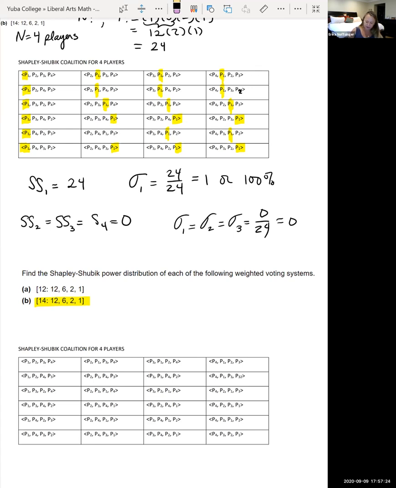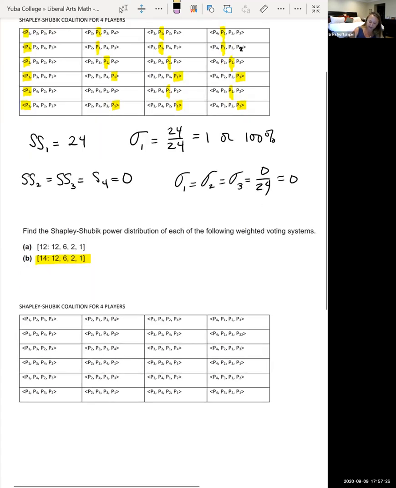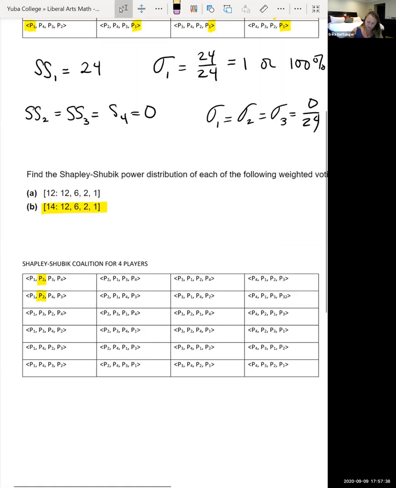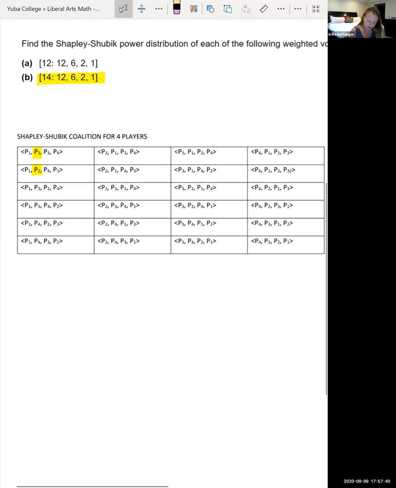Okay. So if I have player 1, then player 2 is pivotal. Player 1, player 2, and rotating the last two players, player 2 is still pivotal. Player 1 and then player 3, that is 12 plus 2, that's 14. Player 3 is pivotal. Player 1, player 3, that's still pivotal.